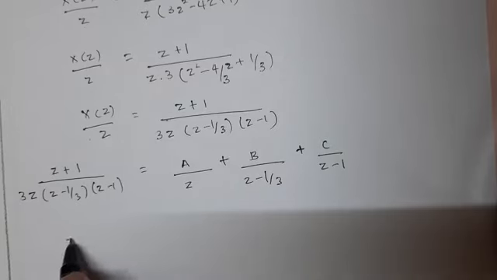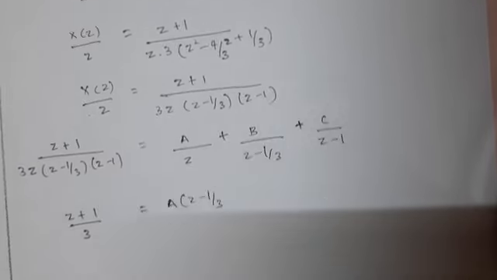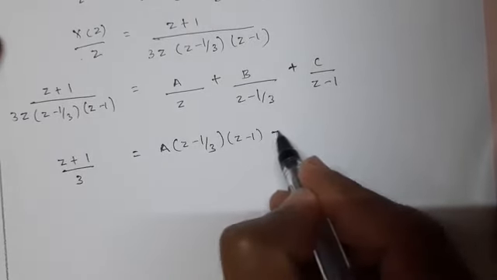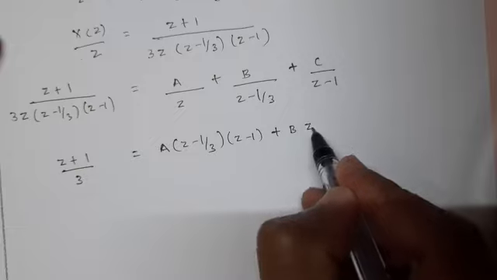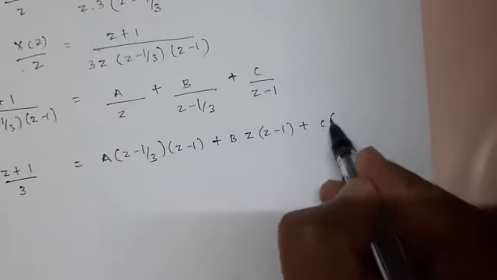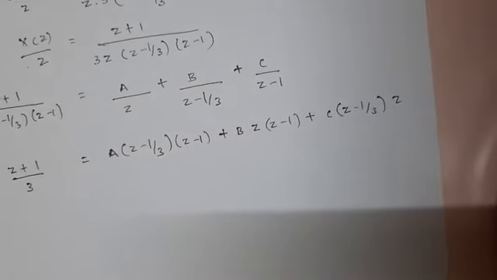Now you are left with z plus 1 by 3, which is equal to, when I take out the LCM, a into z minus 1 by 3, z minus 1, plus b z, z minus 1, plus c z minus 1 by 3 z.